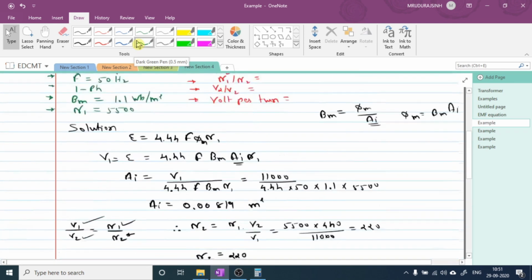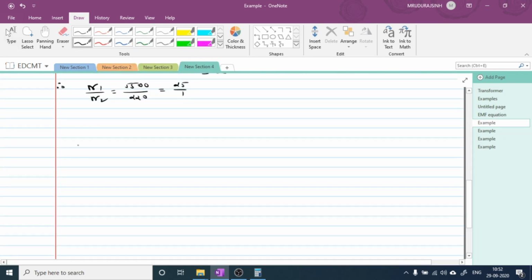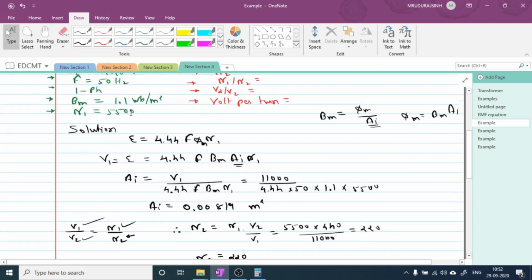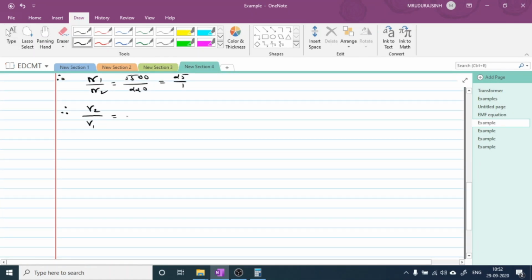Now the next thing we need to calculate is V2 by V1, the transformation ratio. And transformation ratio is known as V2 by V1. The secondary voltage is 440 and primary voltage is 11,000.